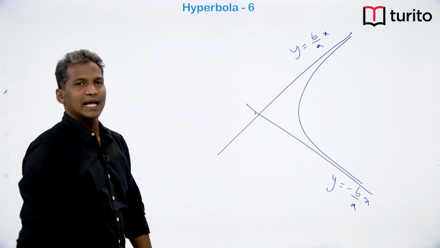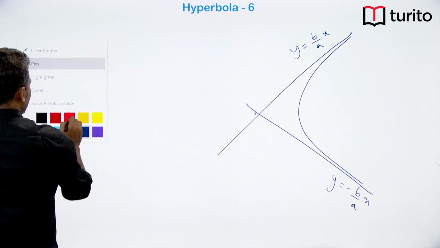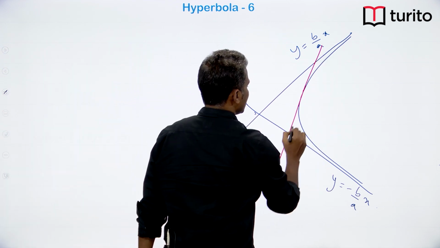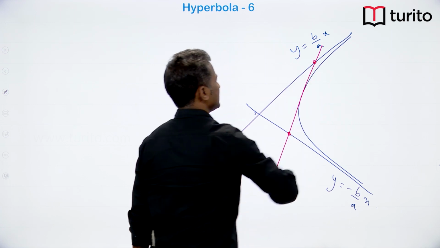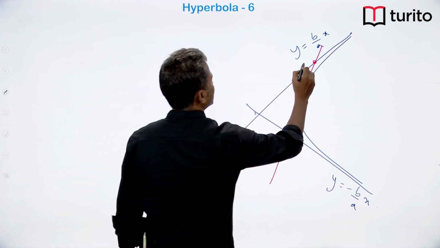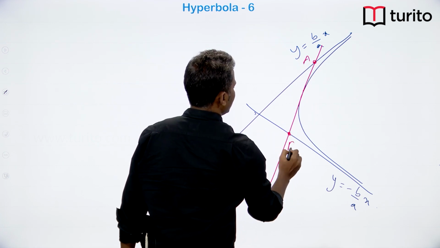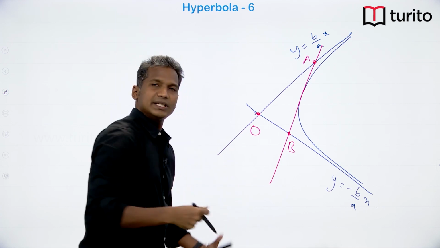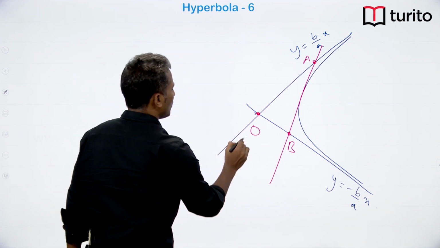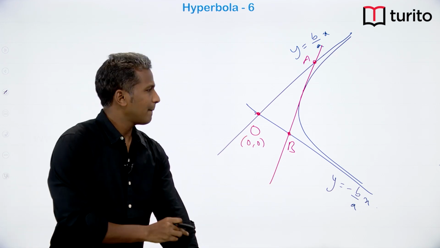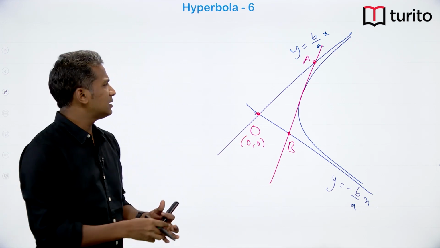Now, if I take any tangent, let us say in red color, this tangent intersects both asymptotes at 2 points. Let us take them as A and B. We know that the center is basically O or C and it is going to be the origin. The center is the point where the asymptotes intersect. Now, we want to prove that the area of this triangle is always constant.